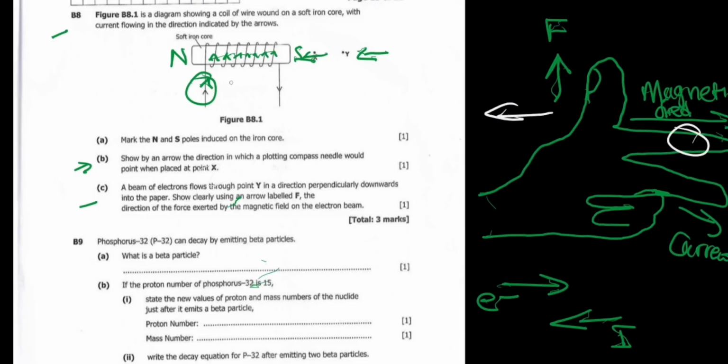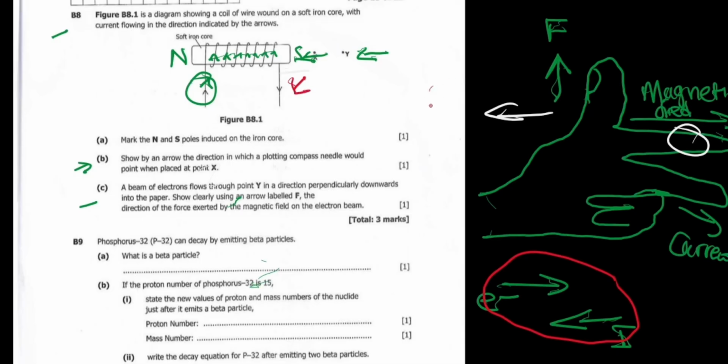And since electrons are moving into the page, then the current has to move out of the page. That's the principle, because when electrons are entering, current is going to go in the opposite direction. So this current has to go out of the page, like that.